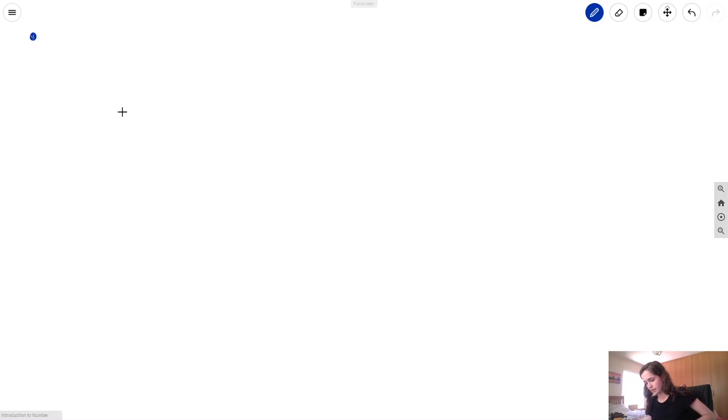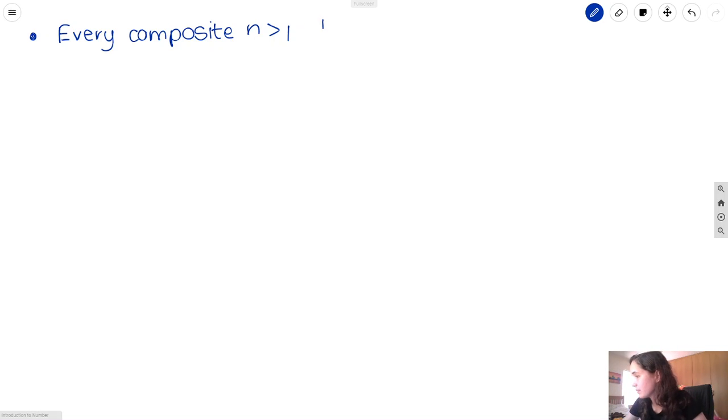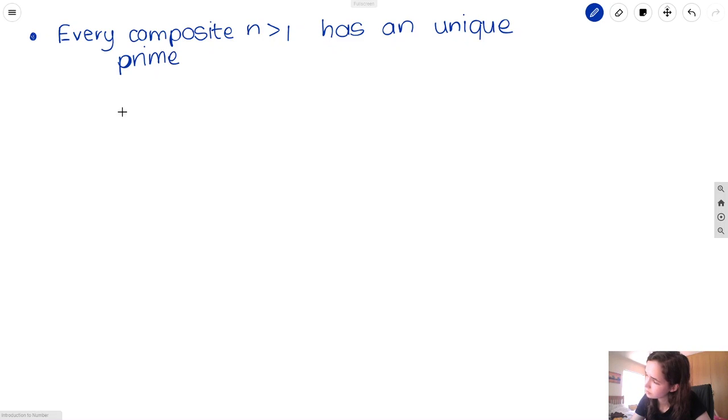So every composite n has a unique prime divisor that is smaller or equal to the square root of n.